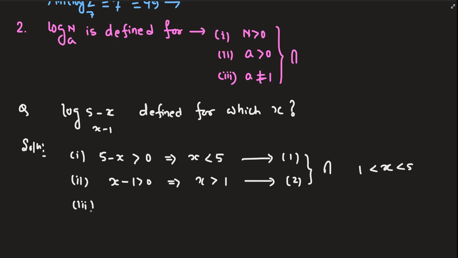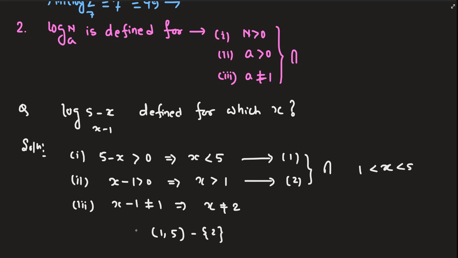But the game does not end here. One condition is remaining: the base is not equal to 1. x minus 1 is not equal to 1, so x is not equal to 2. Now you have to exclude this from the answer. The interval 1 to 5 is there, but in this interval 2 is present, and you can't take 2, so you have to remove it.